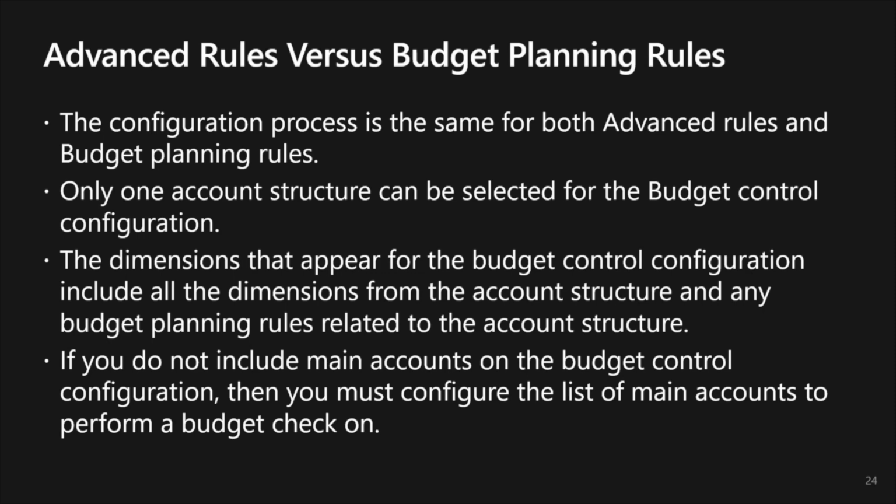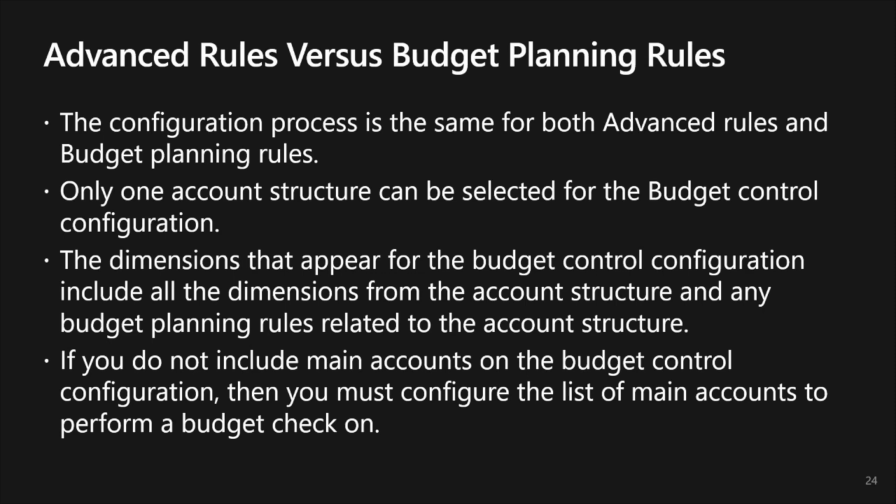And your revenue account structure, for example, includes a business unit, an item group, and a cost center. But you also want to budget by a department and a marketing purpose. But those two dimensions are not in your revenue account structure. You would create a budget planning rule to define those additional dimensions.